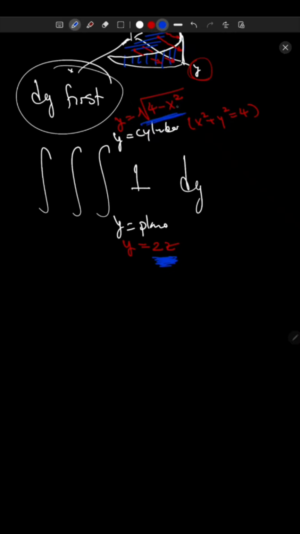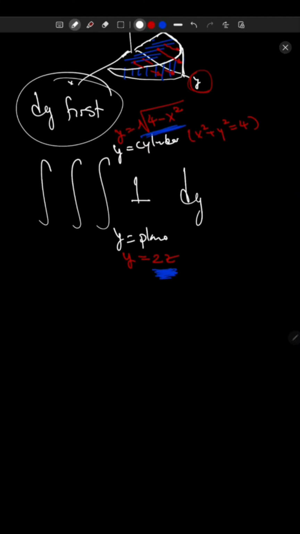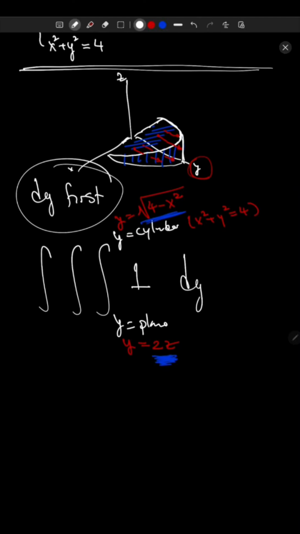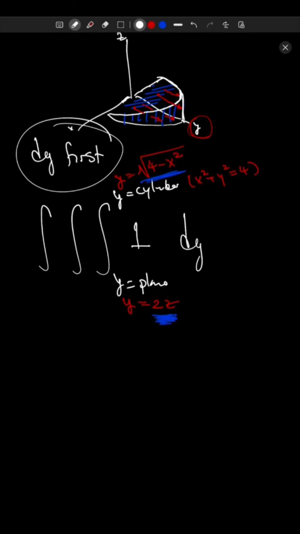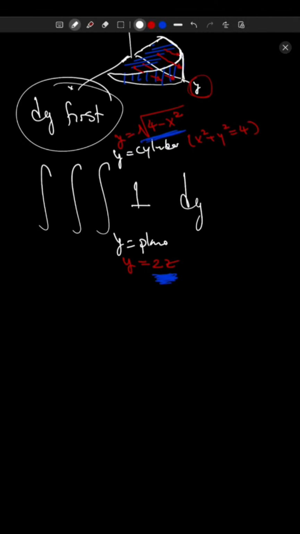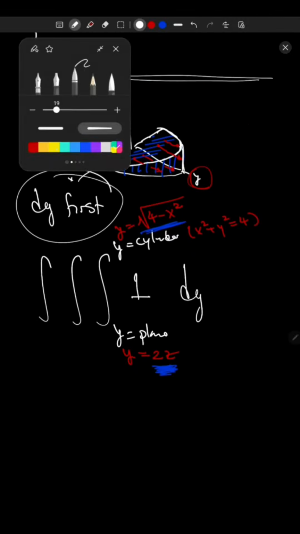Ending up with x's and z's is perfectly fine, because our outer two integrals are with respect to x and z. But if you have y on the right-hand side, you're going to be in big trouble.